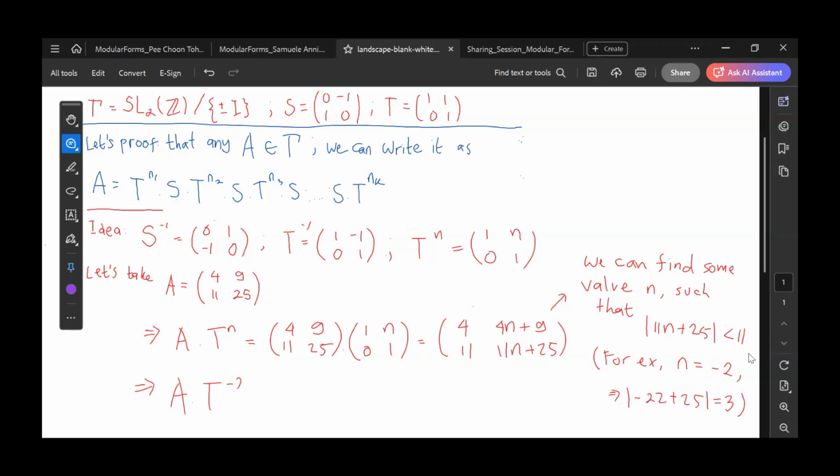So A T to the power of -2 will be, for 11, then this is 3, and the upper one is 1. So we have reduced the value quite a bit on the second column.